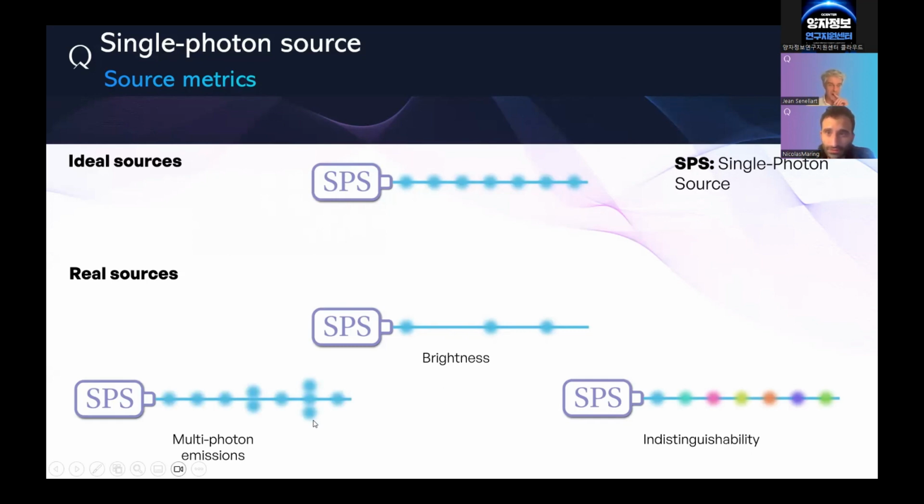We can sometimes see multiple photons at the same time, two or three photons. This is a source of error that we try to mitigate. And the third one is indistinguishability, how the photons look like each other. Do they have exactly the same wavelength, the same lifetime, in every degree of freedom? This is extremely important for quantum interference, which is the basis of the calculation here at Quandela.